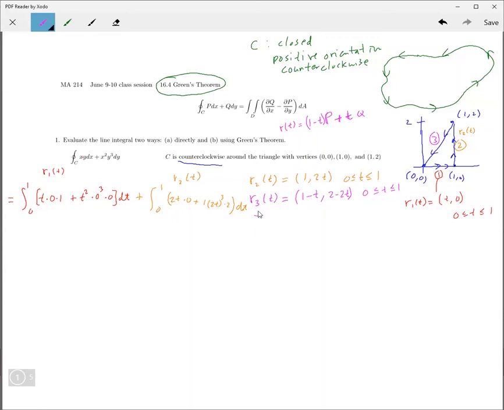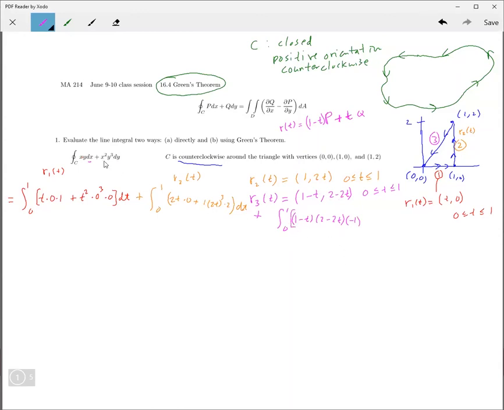That's okay. And then you have the third one, which is this one right here. So xy, that would be this times this, times dx. So dx would be -1, so I'll throw a -1 there.